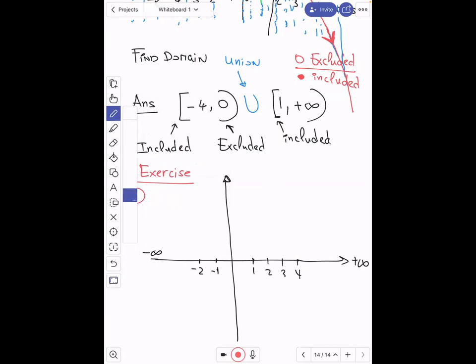And here's my graph. So that's my f of x, my first graph.